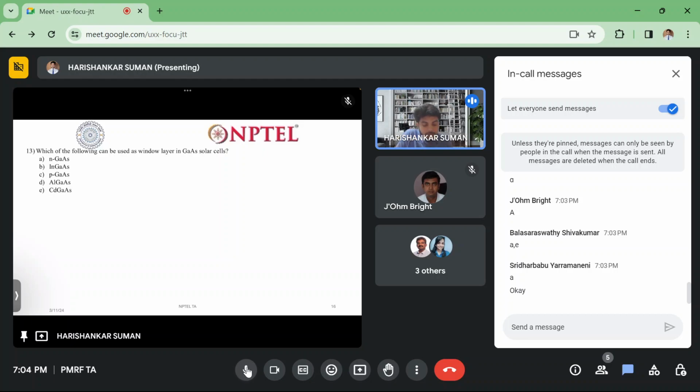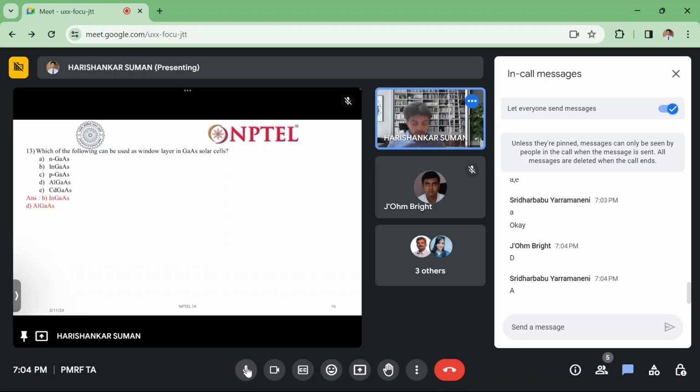For window layer, the others, let's check. B and D are the answer.